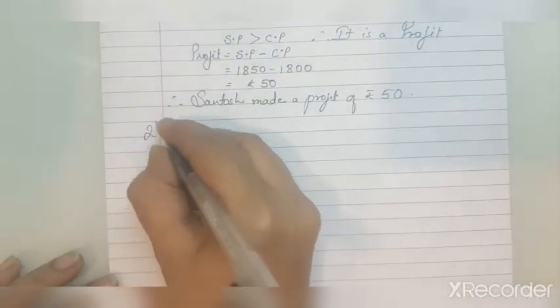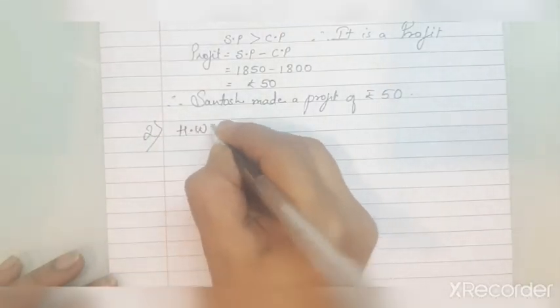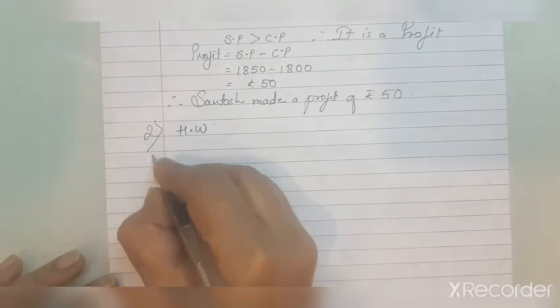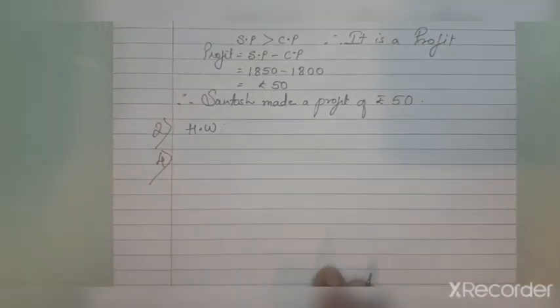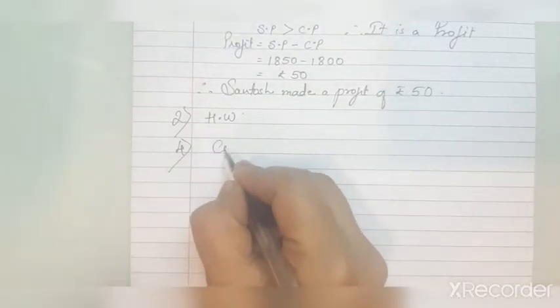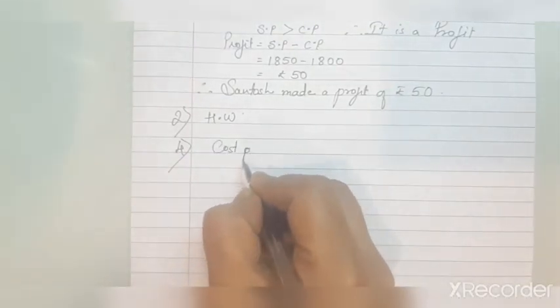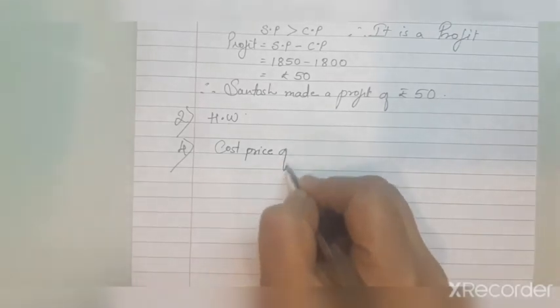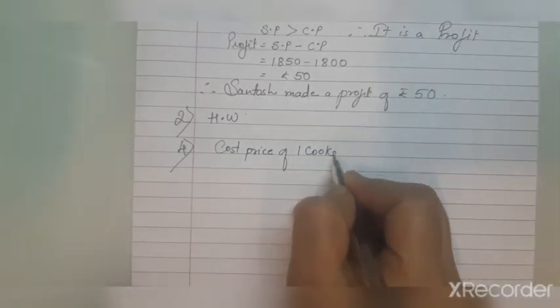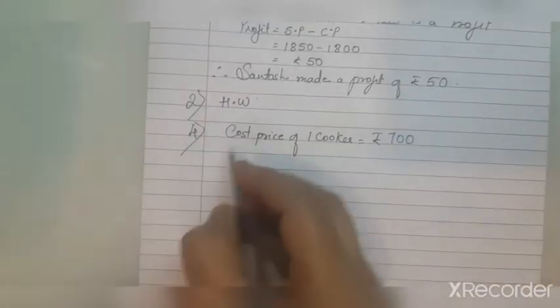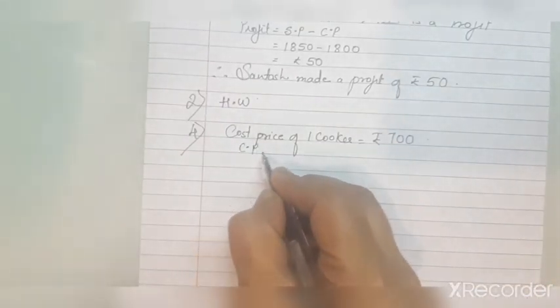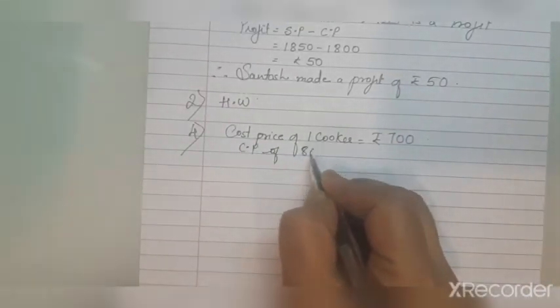So as I told you, the second sum is for homework. We will do the fourth one because the third one is cancelled. Okay, now the cost price of one cooker is given. Cost price of one cooker is equal to rupees 700. Okay, therefore the cost price of 80 cookers.